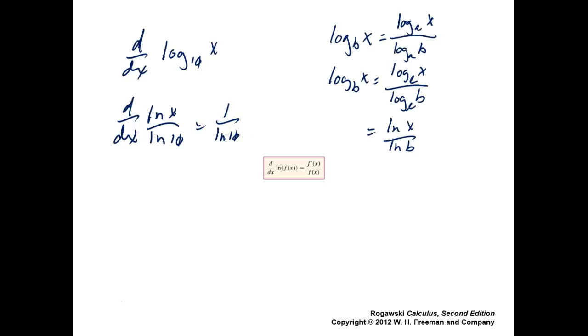And then what's the derivative of natural log of x? 1 over x. Right? So this would just be simply 1 over natural log of 10, whatever the base is there, times 1 over x. Okay? And they actually write it as 1 over ln 10 times x. There's no reason to write it that way, but that's how they do it.